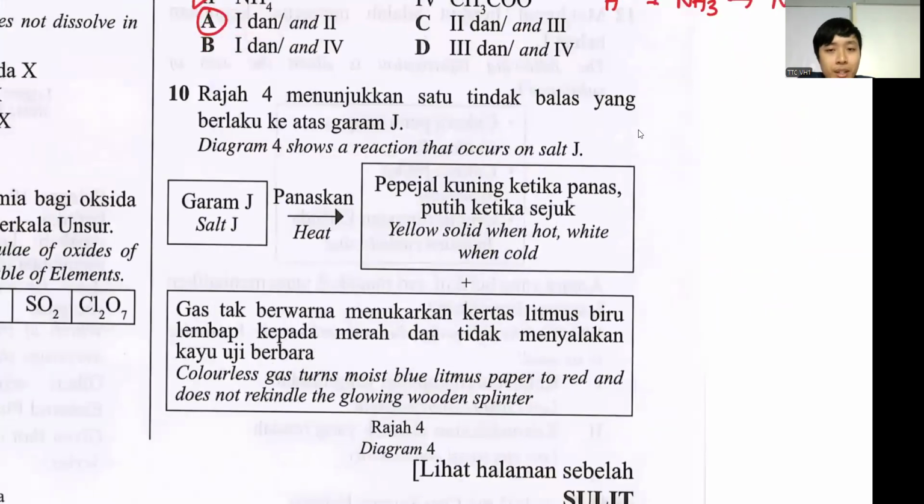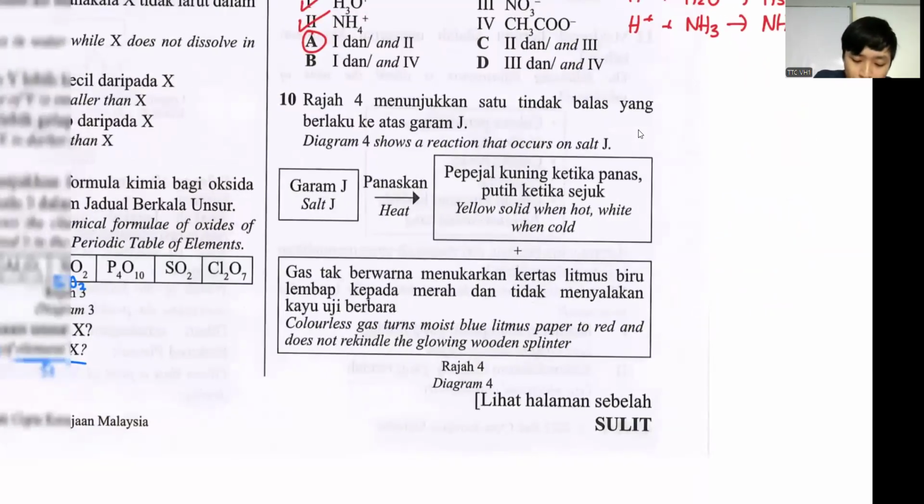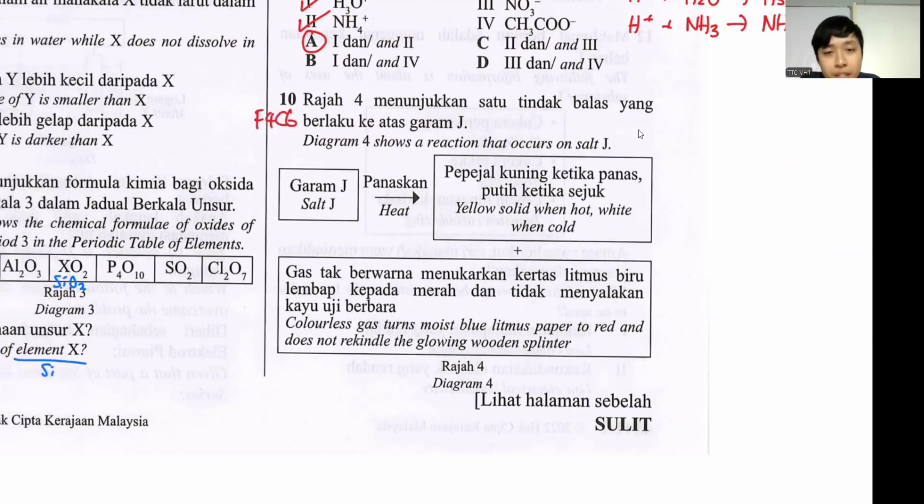Question 10, Form 4, Chapter 6. Diagram 4 shows the reaction that occurs on salt J, after heating the salt. Now this one frequently comes out. Yellow solid when hot, white when cold. What is this?